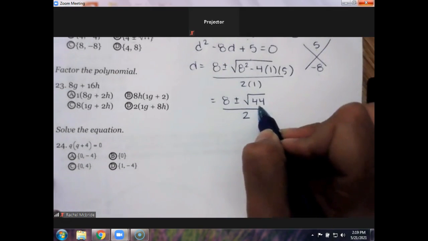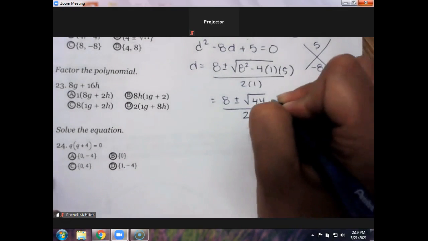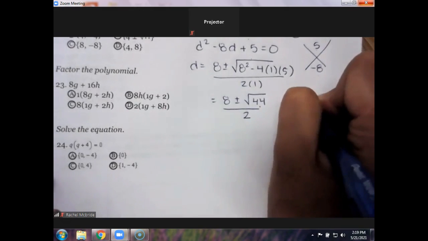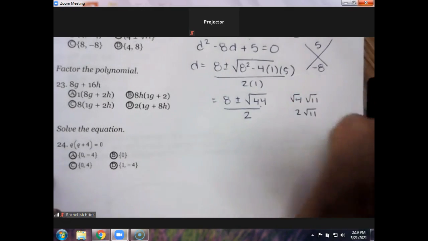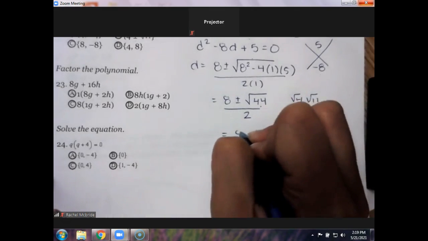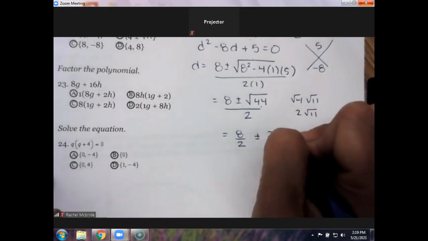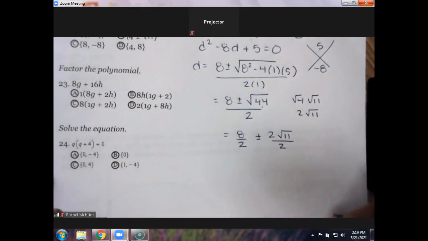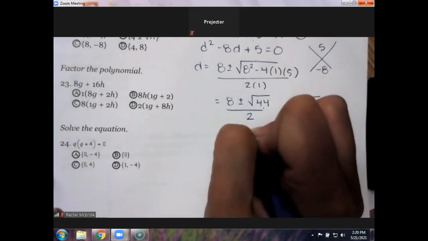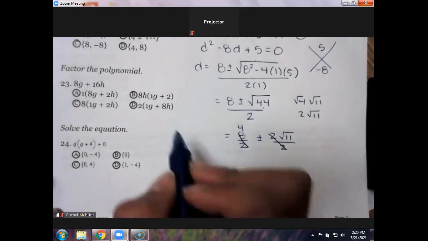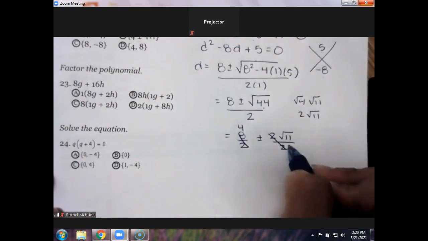So 44 breaks down into 4 and 11. So that's 2 square roots of 11. So you get 8 over 2 plus or minus 2 square roots of 11 over 2. So you get 4 plus or minus square root of 11.